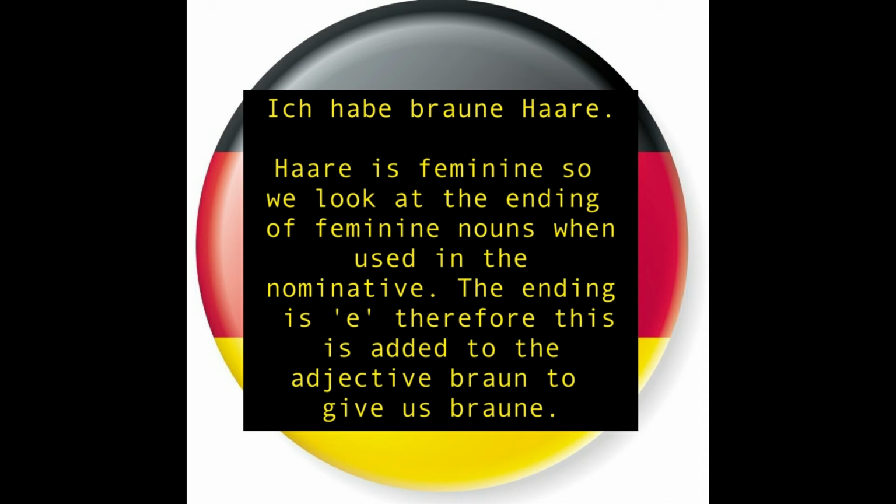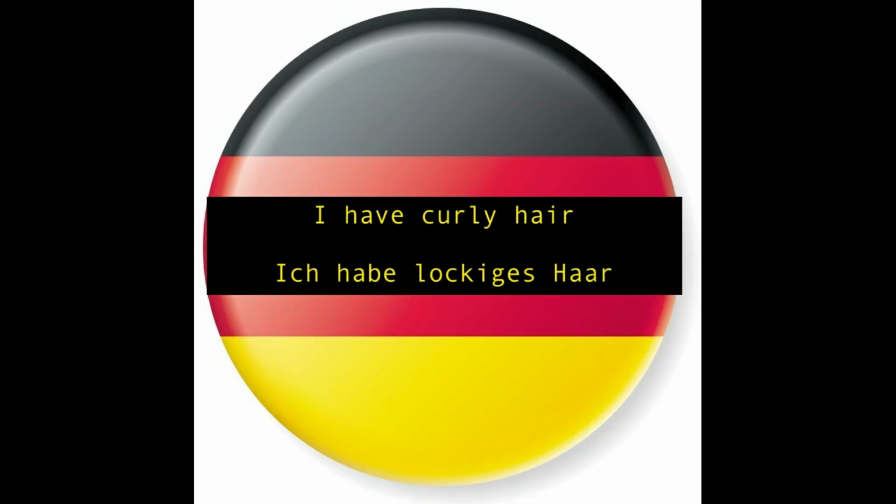The ending is E, therefore we add an E to braun to give us braune. Ich habe braune Haare. When talking about their hair, Germans use both Haare, the plural, and Haar, which is singular. Both are accepted. I think Haare is more widely used.